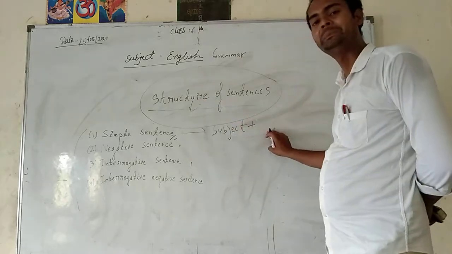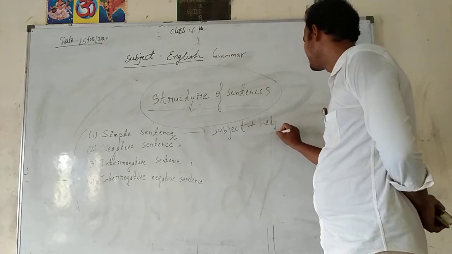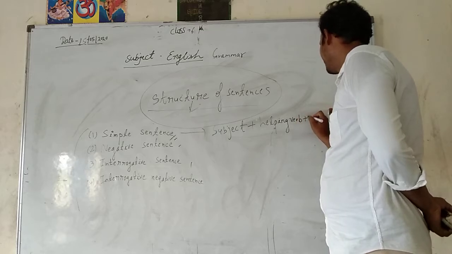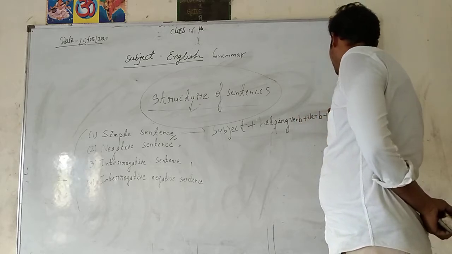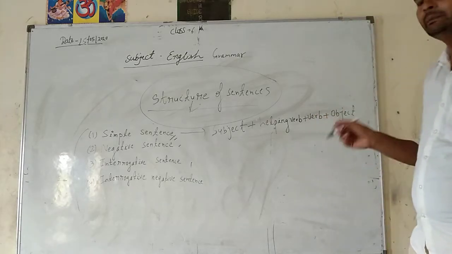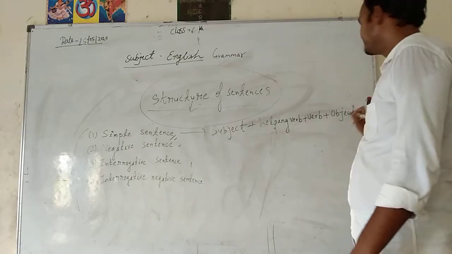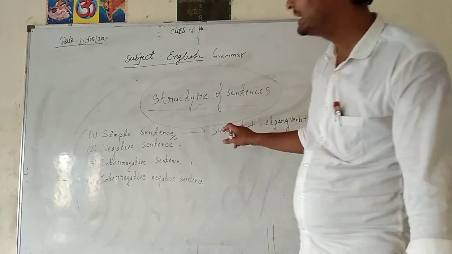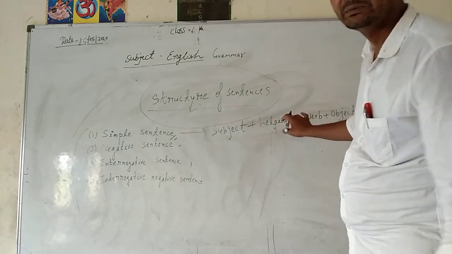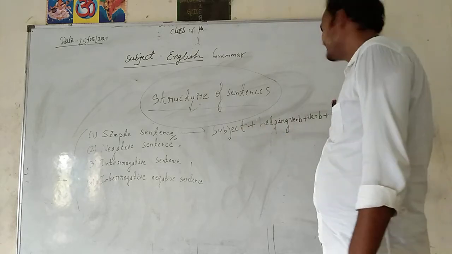So this formula will be applicable: subject, then helping verb, then verb, and then object, and full stop. This is the formula or structure of a simple sentence. If there is a simple sentence, you have to write first subject, helping verb, then object.